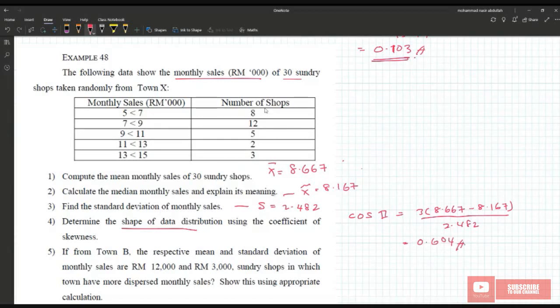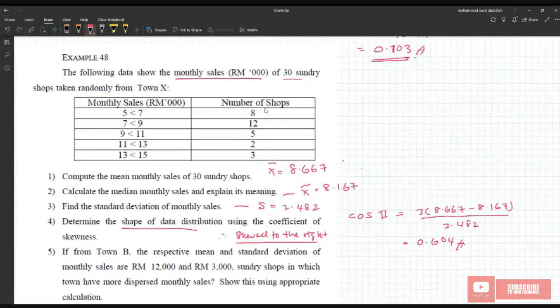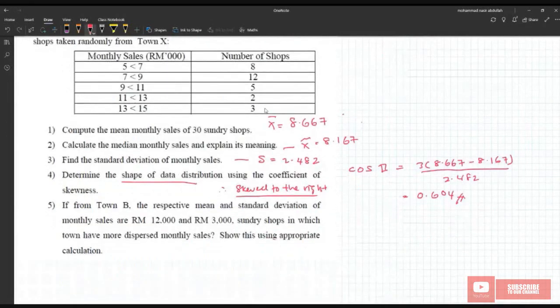So since the coefficient of skewness is positive, we can say that the shape of the data distribution is skewed to the right. Right? So we got skewed to the right because the coefficient of skewness is positive.